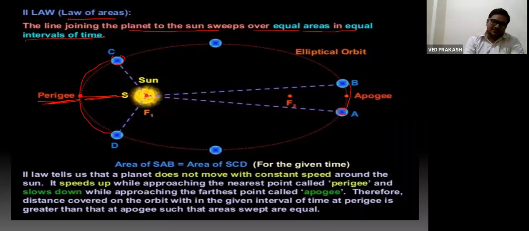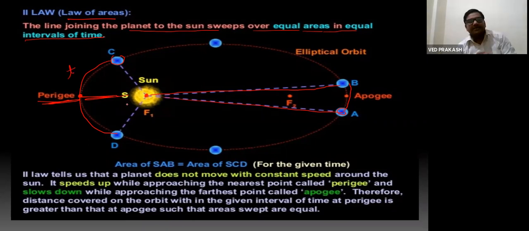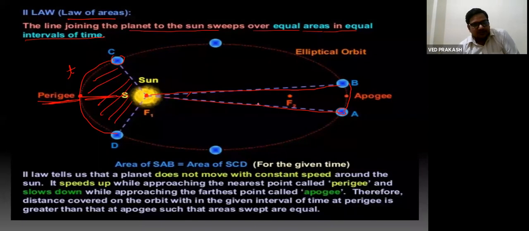And if you join the sun with those two different positions, traveled in time t, and in the same time two different positions C and D, then the area made by this arc CD and AB with the sun will have the same value, this area and this area will have the same value, right?